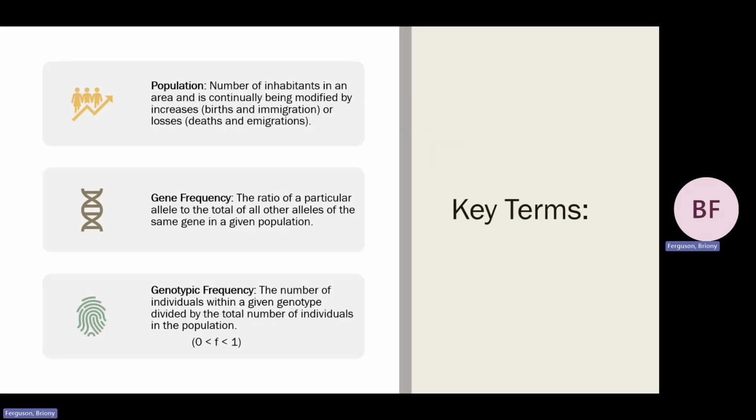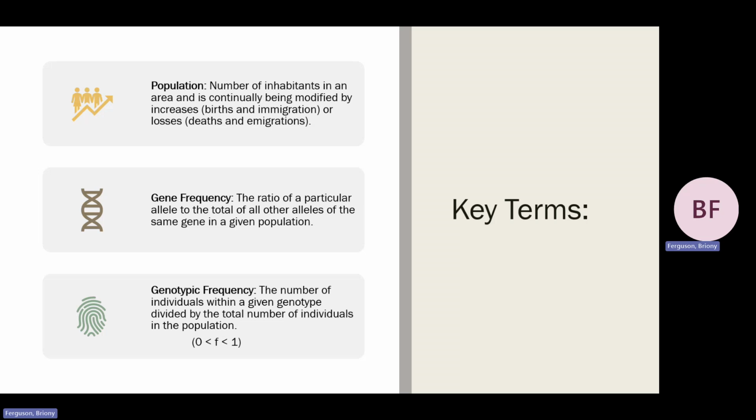Starting off with some key terms, a population is the number of inhabitants in an area, and it is continuously being modified by increases. So these are going to be births or people migrating in, or losses. These are going to be deaths or people migrating out. Now we've talked about genotypic ratios.